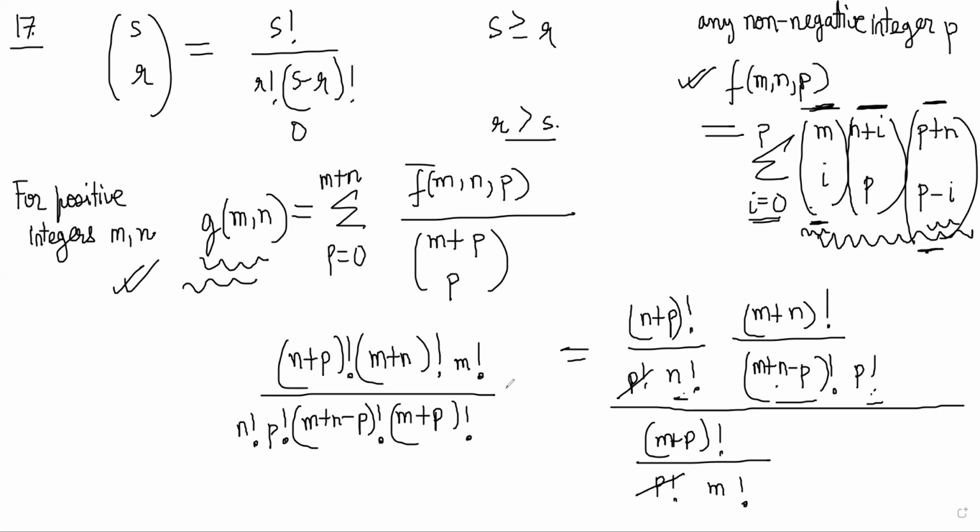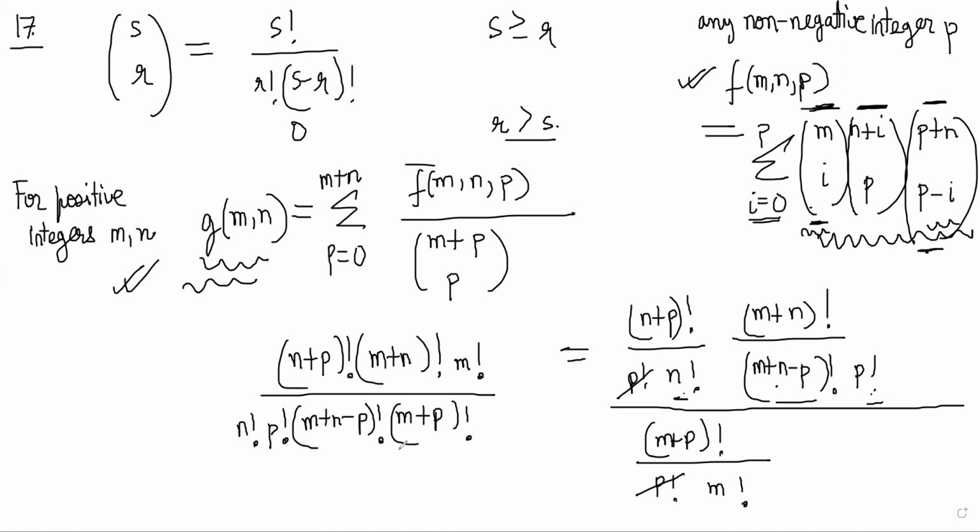That is what we are getting right now. Is there anything wrong? Nothing is missing, right? n factorial comes down, p factorial.